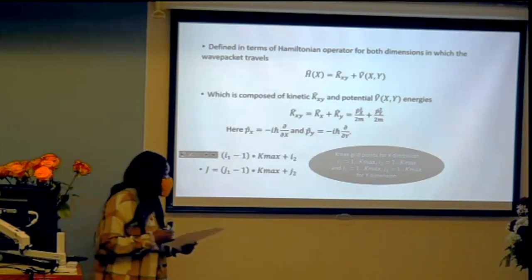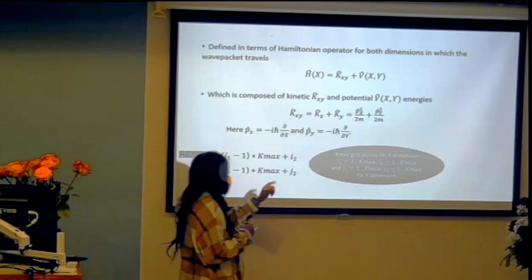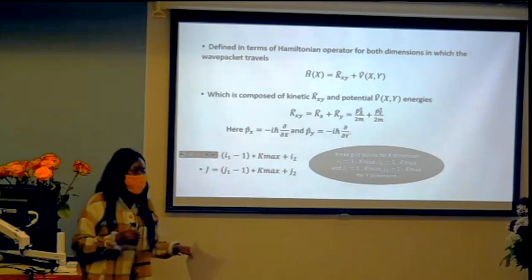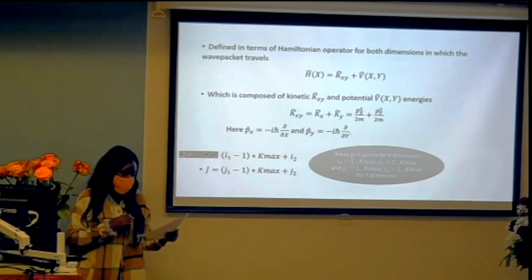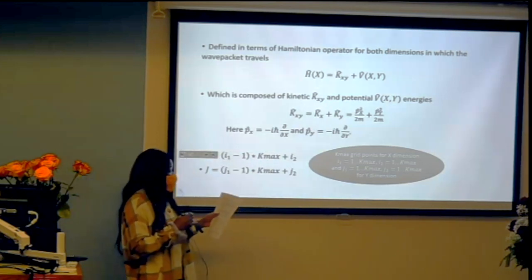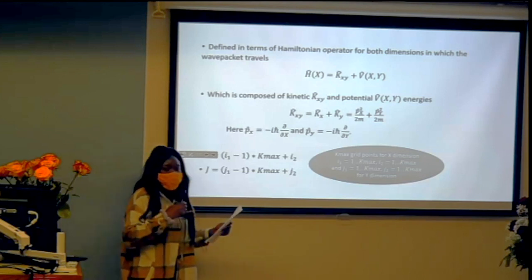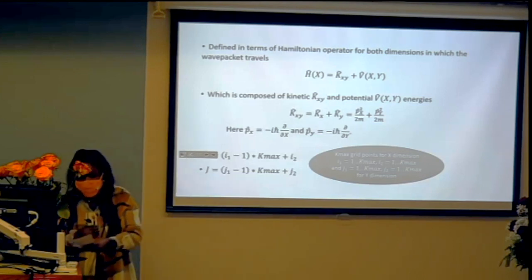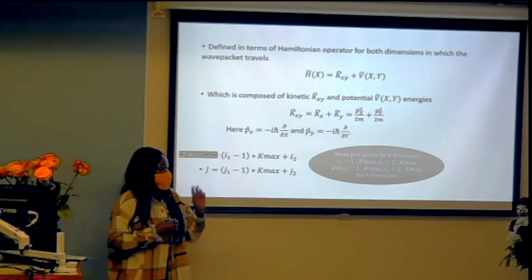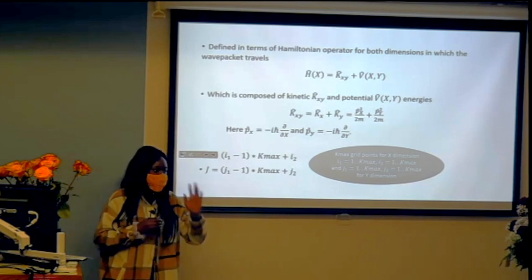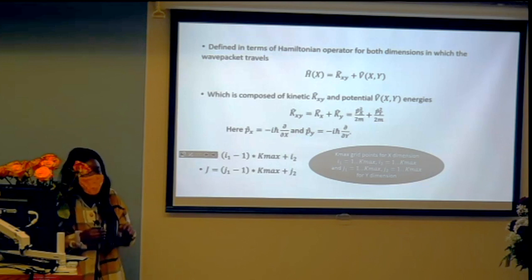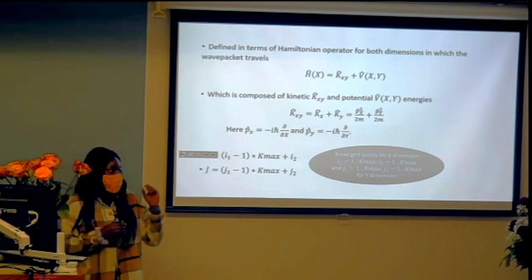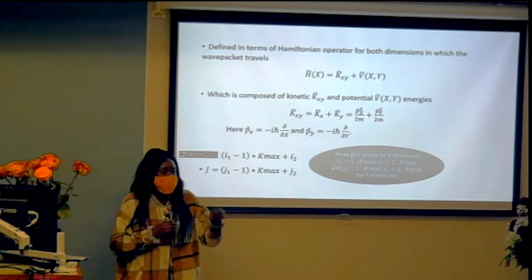One defines Kmax grid points for the x dimension, which is I, and for the y dimension, J. In order to represent the kinetic energy of this reaction, one needs to take two indices, x and y, that describe the x and y degrees of freedom for the wave function, and then take four indices for the unity operator.